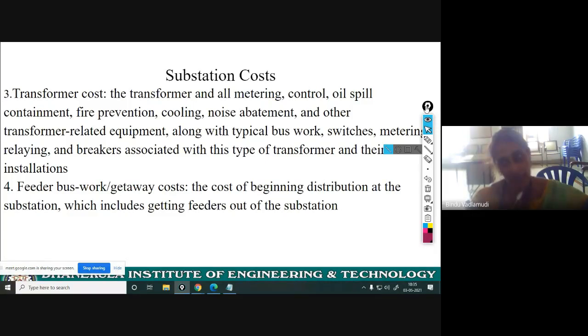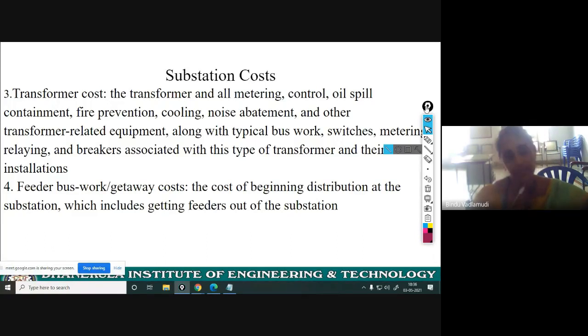The second one is transmission cost, and in this the cost involved in the transmission losses is evaluated. The third one is transformer cost, where the maintenance or the establishment of the transformers along with the protection equipment or the operating equipment of the transformer comes into the group of transformer costs.